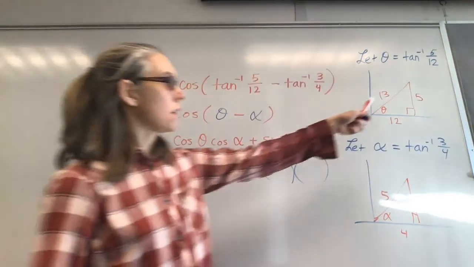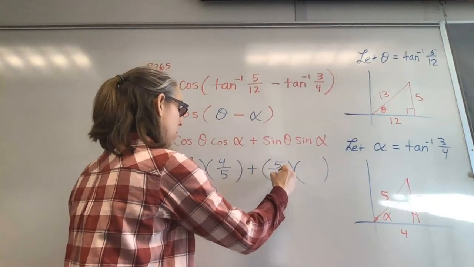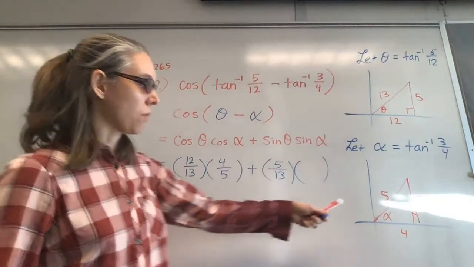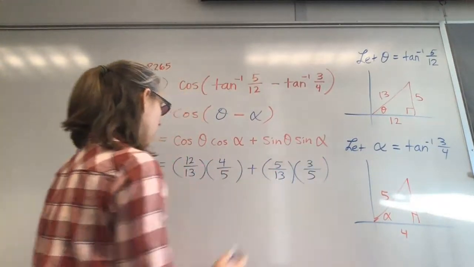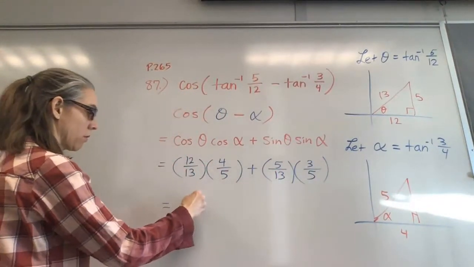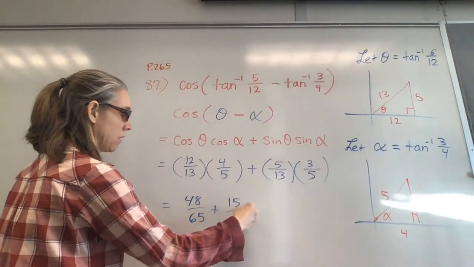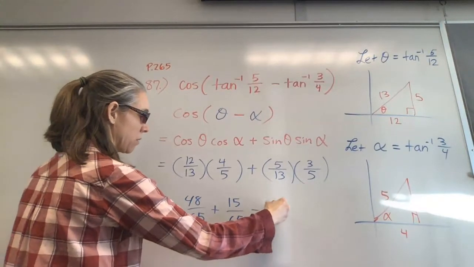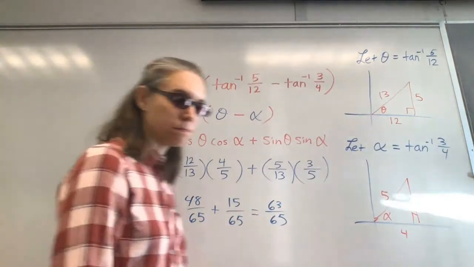Sine of theta is 5 over 13. And sine of alpha is 3 over 5. So now we have 48 over 65 and 15 over 65, which is 63 over 65.